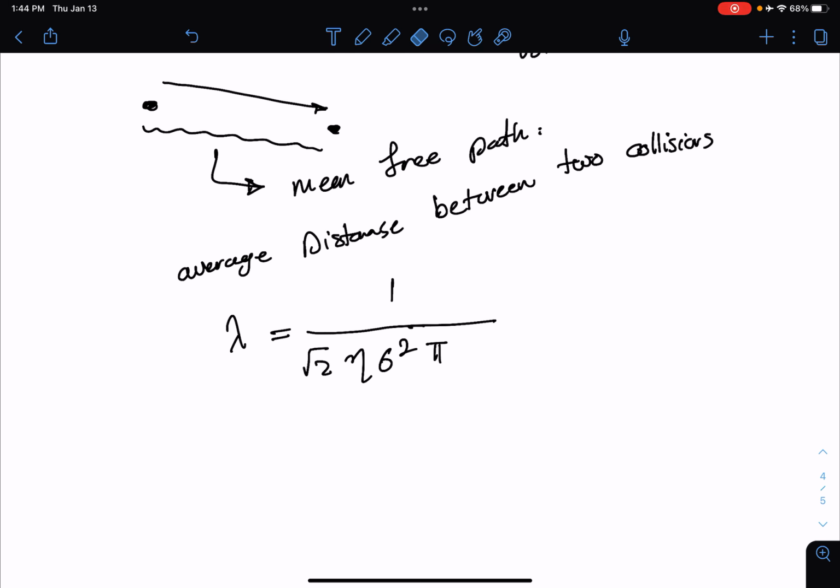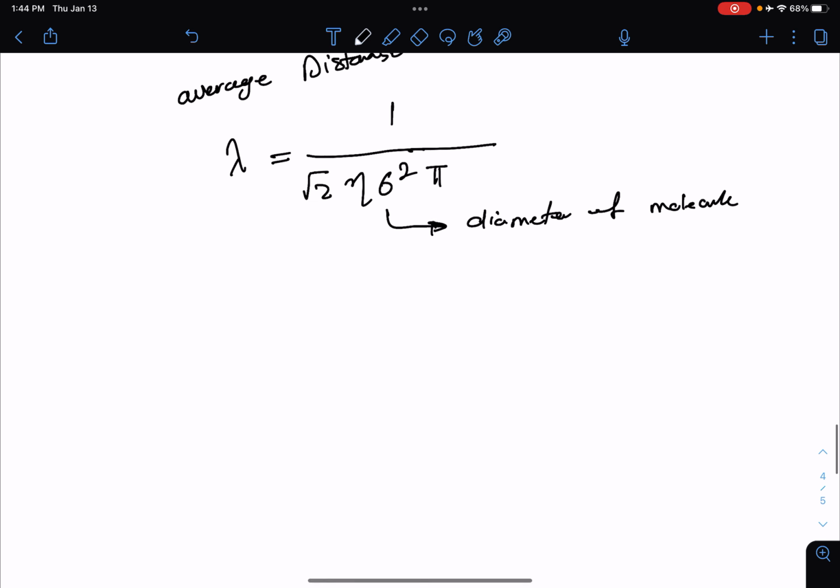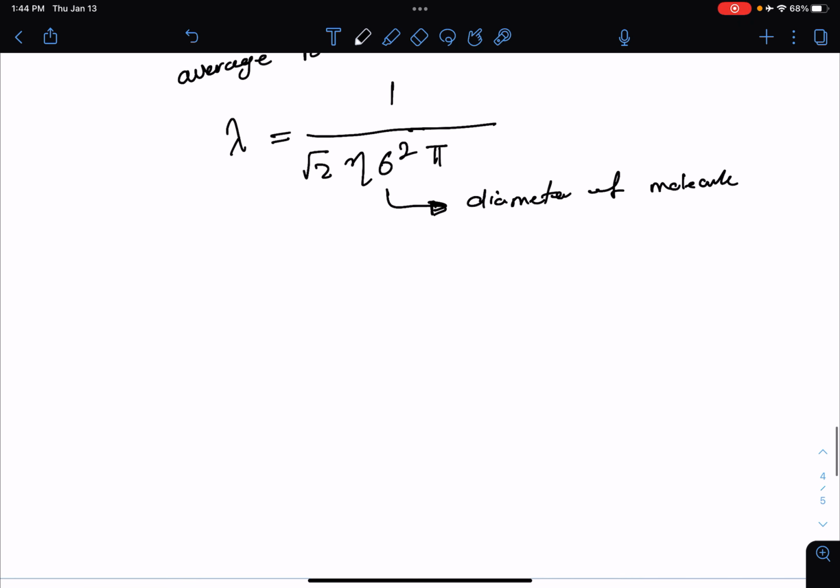This sigma is the diameter of our molecule. So lambda is a function of your number density.